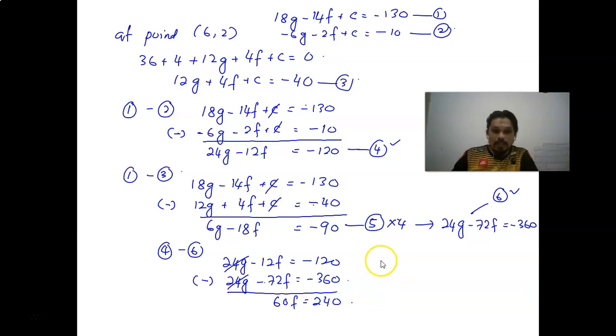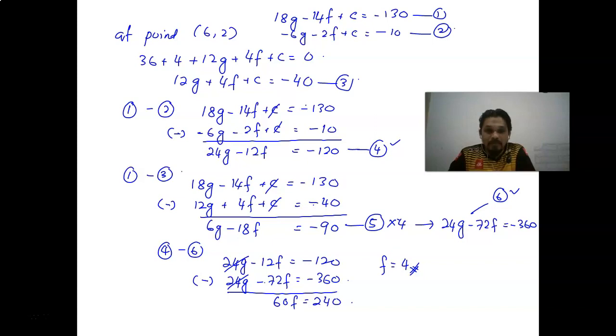So f equals 240 divided by 60, 4. Okay, f equals 4.